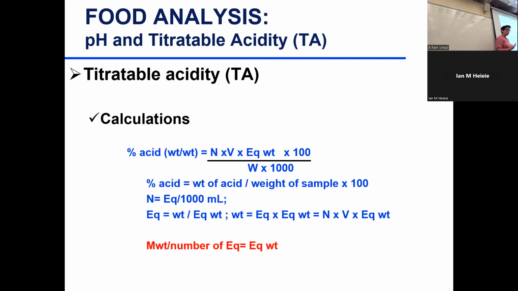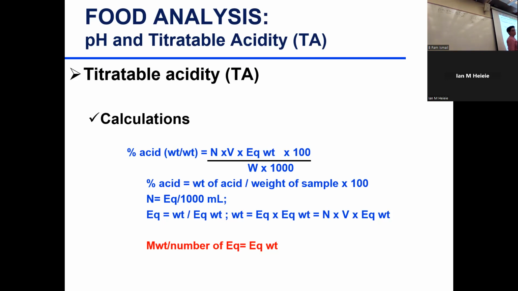If you have more than one carboxyl group, you have more than one hydrogen in the reaction. So if you have two carboxyl groups, you would have to divide by 2 to put it in this equation, because you have two hydrogens in the reaction. If you have three carboxyl groups, you have three hydrogens in the reaction, so you want to account for that. So you would divide the molecular weight by 3.